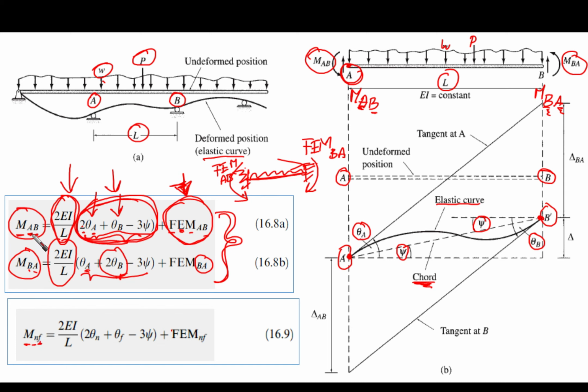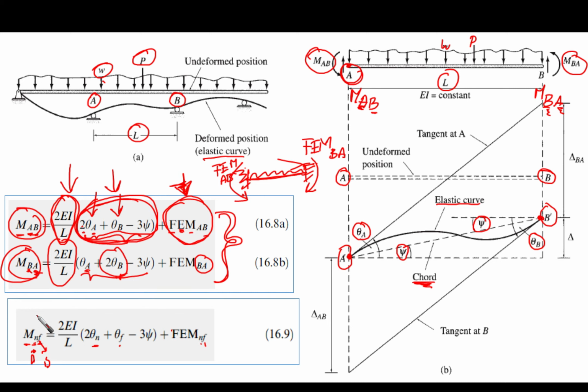For example, if we're talking about MAB, here N is going to be A, F is going to be B, and then 2EI, 2 theta N, like 2 theta A, plus theta F, which is theta B, minus 3 psi, the same, plus FEM, NF, AB, right? If you apply it the other way around, which is MBA, you are going to find that B is the near, A is the far. Also, it is the same, it is right.